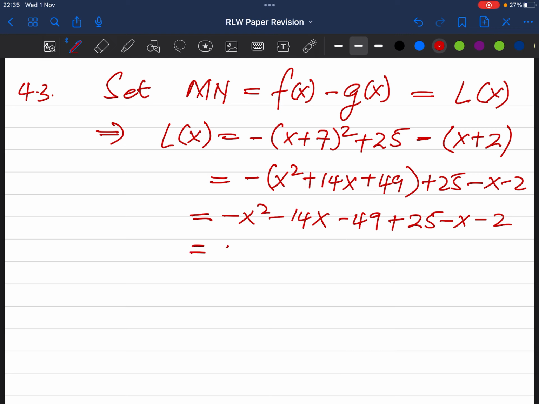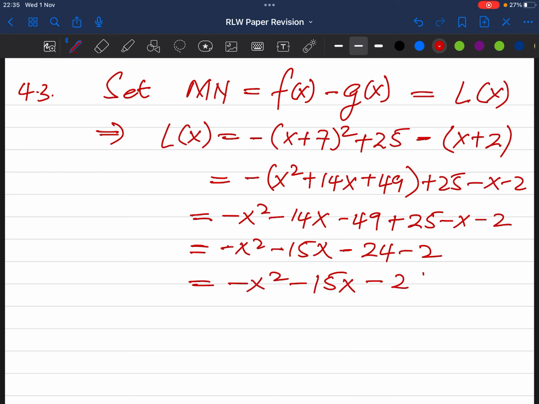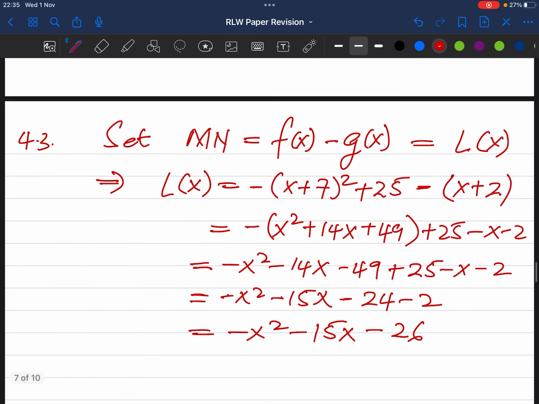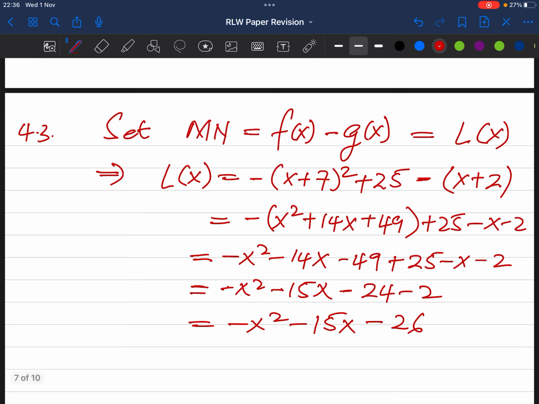I'm going to have negative x squared, minus 15x, and minus 49 plus 25, which is minus 24, minus 2. So that's negative x squared minus 15x minus 26. That's what you have.